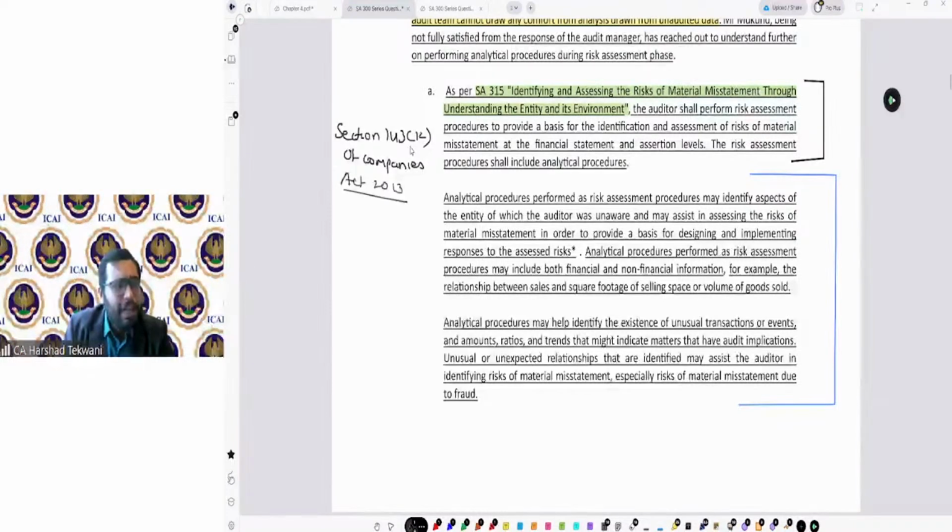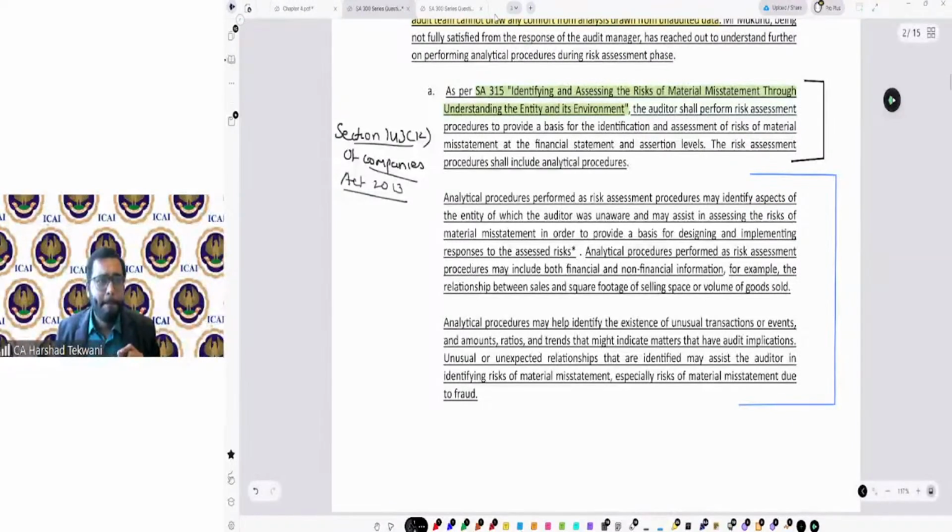I need to mention the year, the full name of the act, and the section number in detail, so that the person who is reading can get a clear understanding of what I am quoting here. So section number, subsection number, and full name of the act with the year. If it is the rules, then full name of the rules with the year.